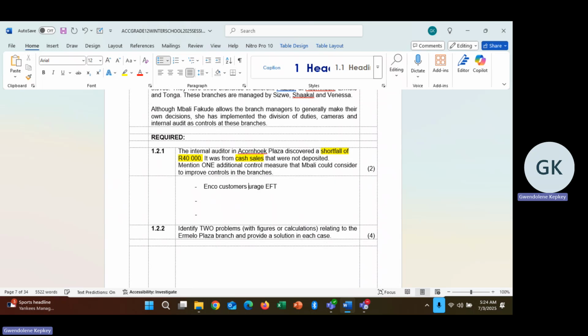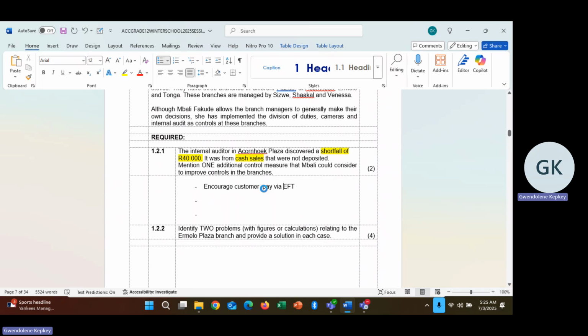It's safe, it's easy, and it is more efficient. Or you could just say make use of EFT.